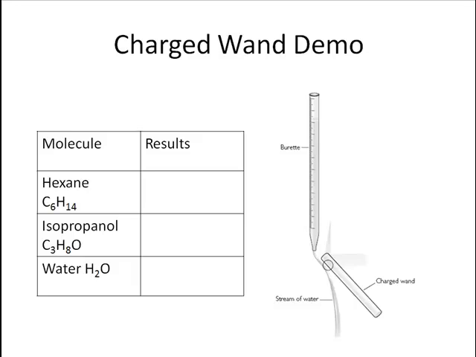Just pour it in here, make it easy. And the last one has isopropyl alcohol or isopropanol, depending on your decision to name it as such.